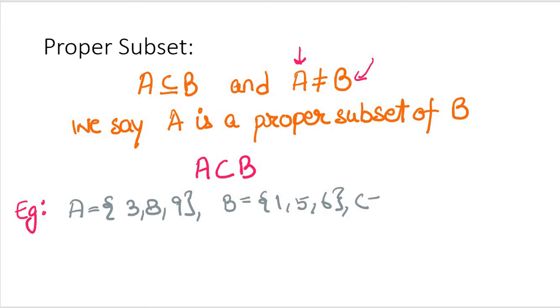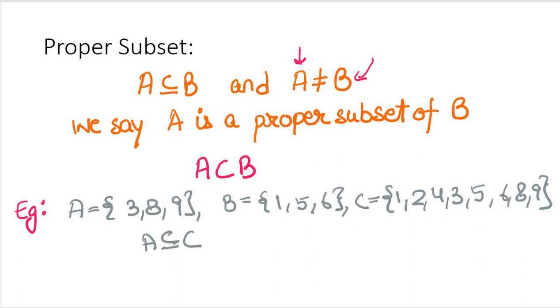And I have an additional set C, which is 1, 2, 4, 3, 5, 6, 8, and 9 as well. In this case, if we carefully observe, 3, 8, 9 are there. So A is a subset of C. 1, 5, 6. Similarly, B is a subset of C.